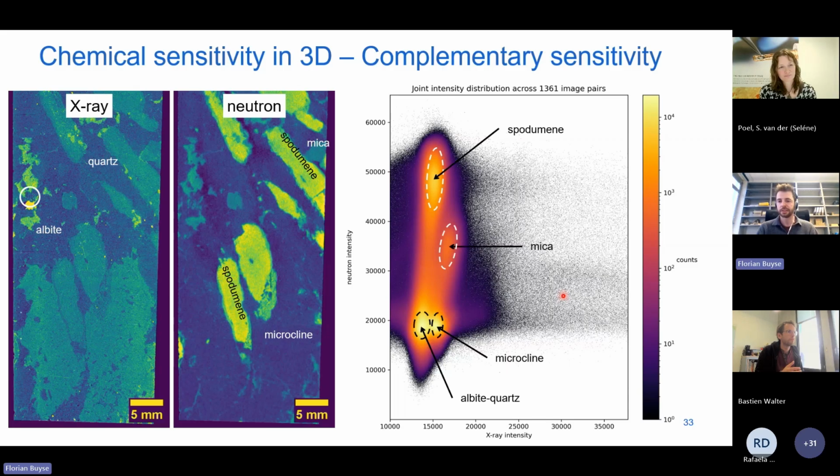But if you skip this prior knowledge, you would still see the difference between those edges. So you know that there is a different phase. Of course, you don't know the name of this mineral phase, but you at least know the number of different phases present using this technique.